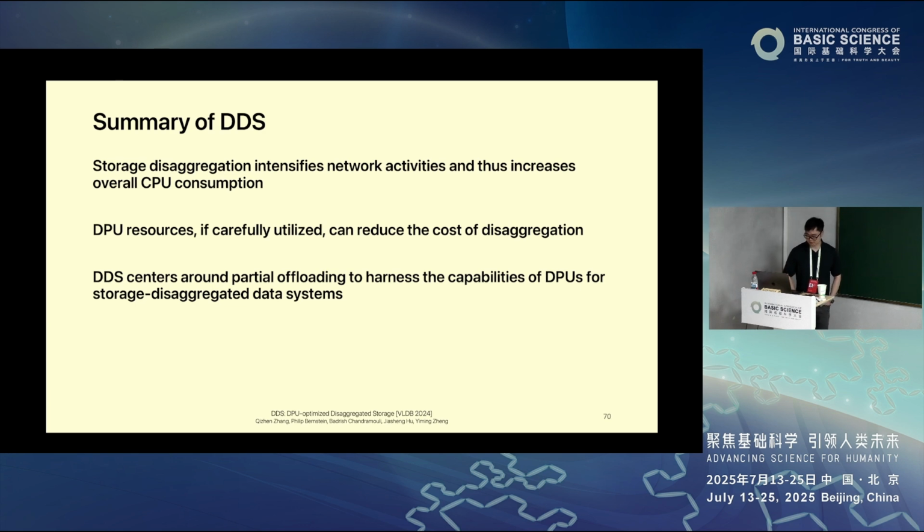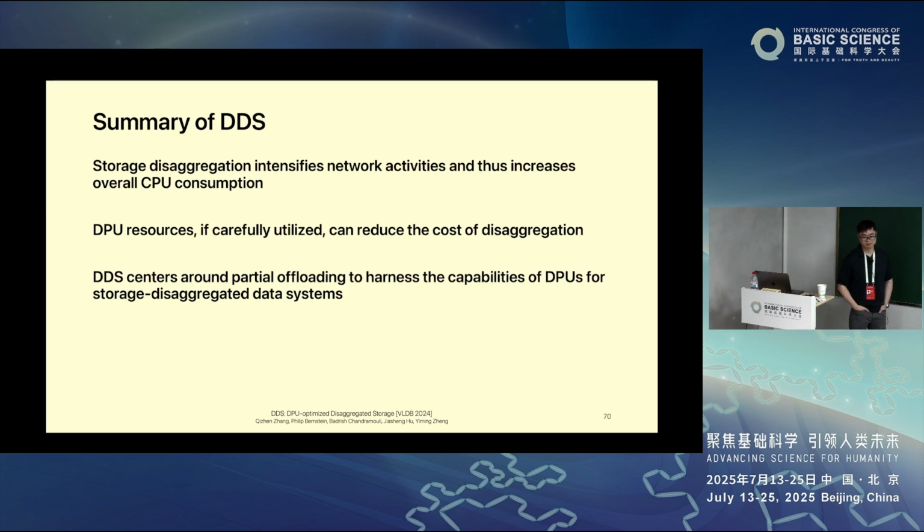To summarize, disaggregation is a popular architecture in data systems, but it incurs a lot of CPU overhead, and the latency is kind of high. DPUs offer many opportunities to optimize storage disaggregation.